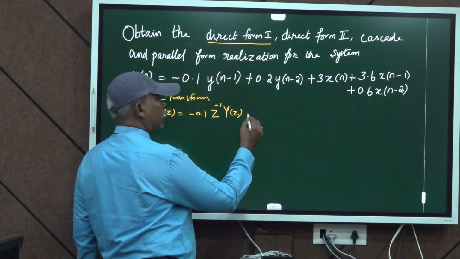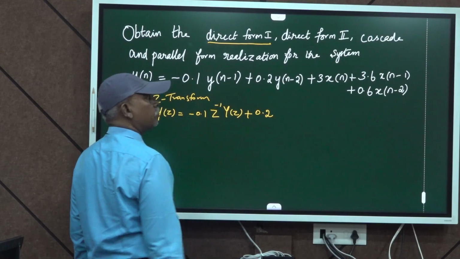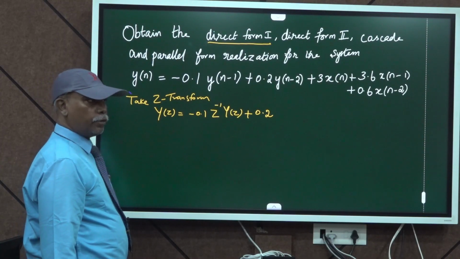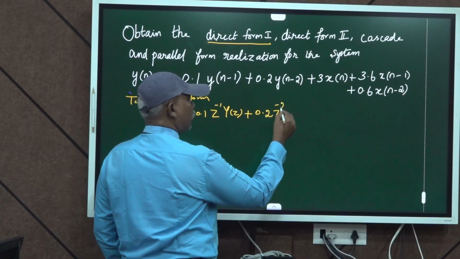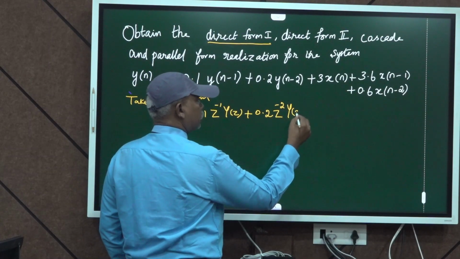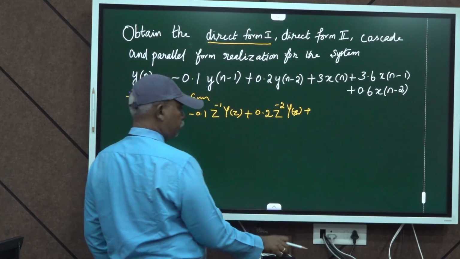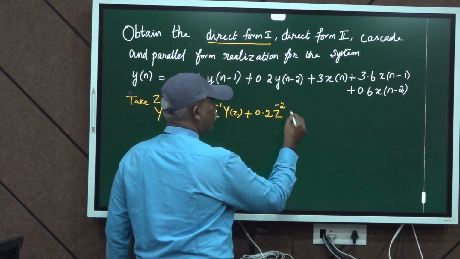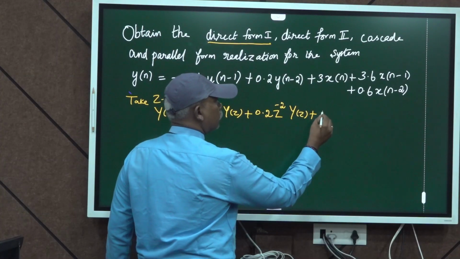Then the next term, the constant is not a problem. Y of n minus 2. The Z transform for y of n minus 2 is Z power minus 2, two delays, into Y of Z. Three is a constant.